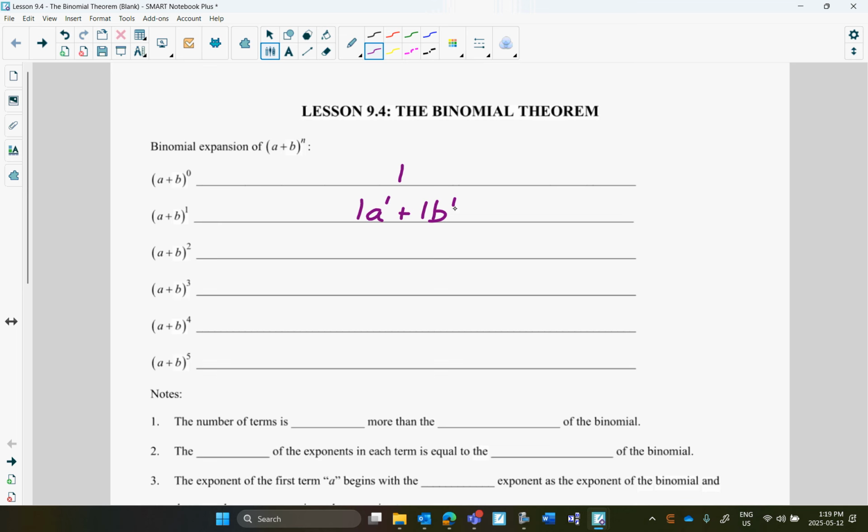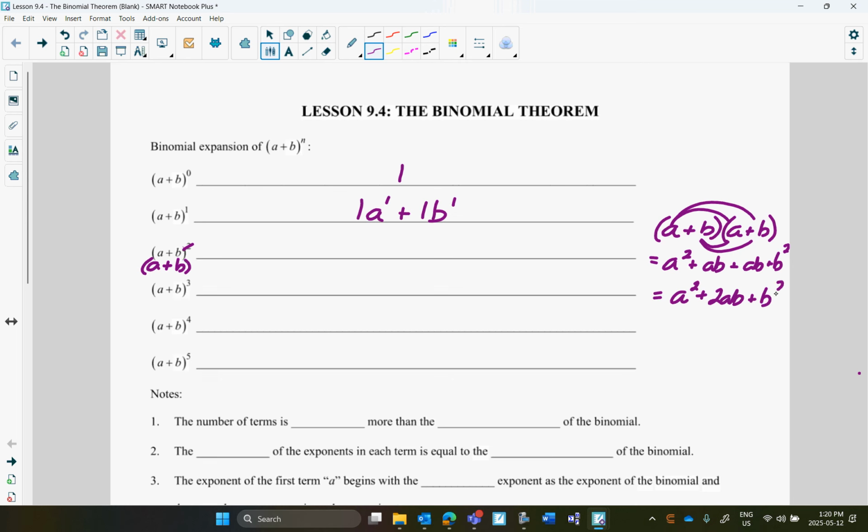So this one means do a plus b times a plus b. That's 4 multiplications. So a squared plus ab plus another ab plus b squared, which simplifies to a squared plus 2ab plus b squared.